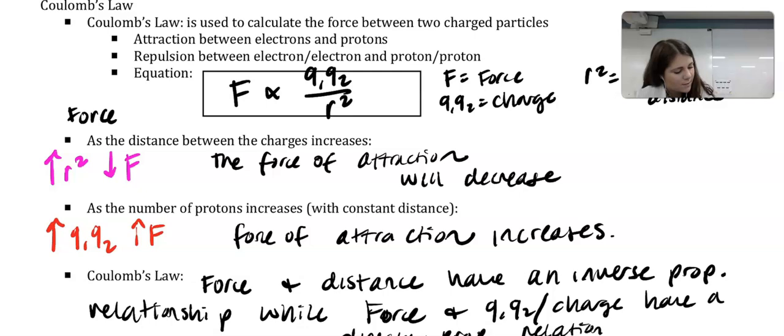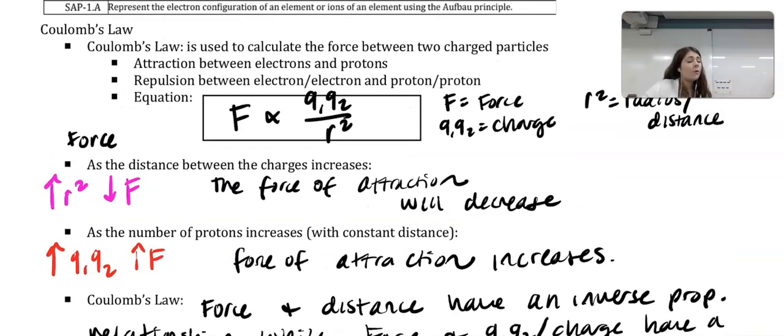Now, you'll never need to calculate this, like I said, but you will need to reference it, especially when we get to the conceptual side of this in Objective 1.7.